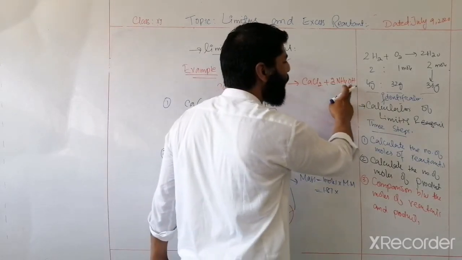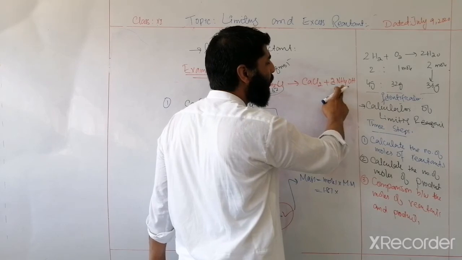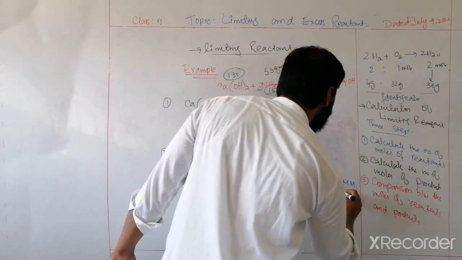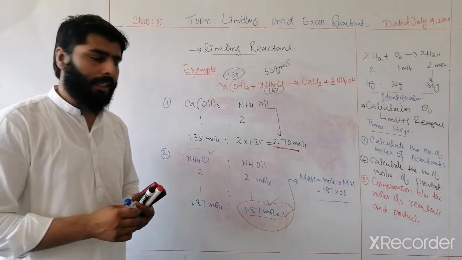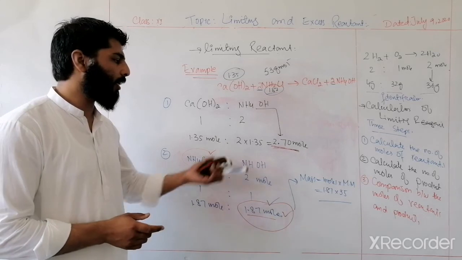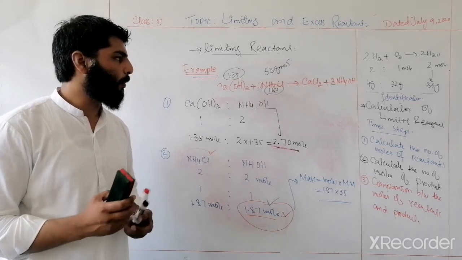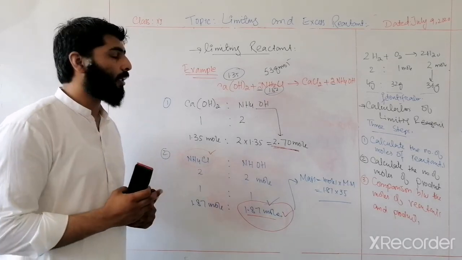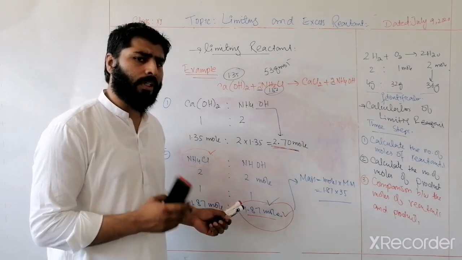What is the molar mass? 17 plus 4, 21 plus 14, 35. You will get the answer in grams. So you can easily find the quantity of the product formed during chemical reaction. This is the concept of limiting reagent. Hopefully you have got the concept.